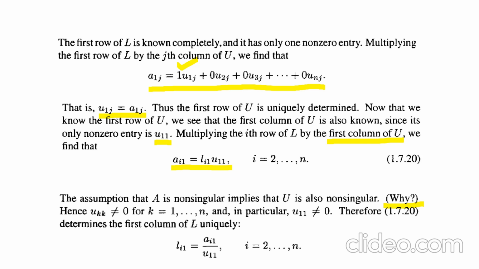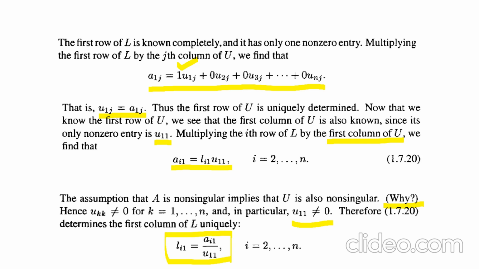All entries in the main diagonal of the matrix U are non-zero, and in particular U11 is not equal to 0. Therefore, the first column of L can be found uniquely from this result.